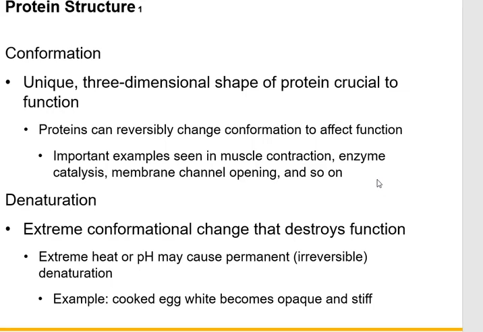In muscle contraction, you're going to see these proteins moving and changing their configuration. When cells divide, you're going to see proteins changing their shape to help push the cell apart and make it into two cells. So proteins can reversibly change their shape, and as part of their job, that's what they do.